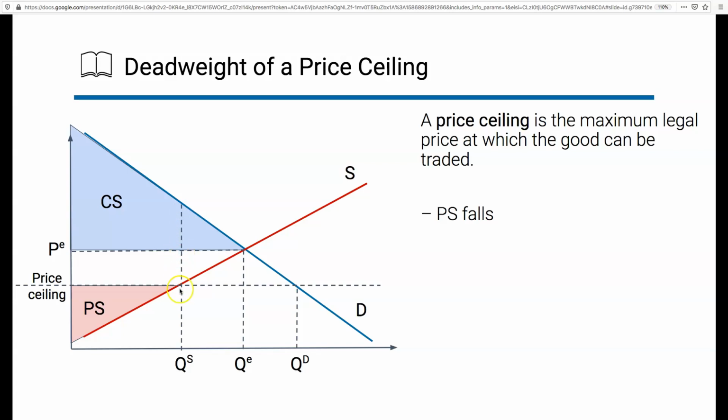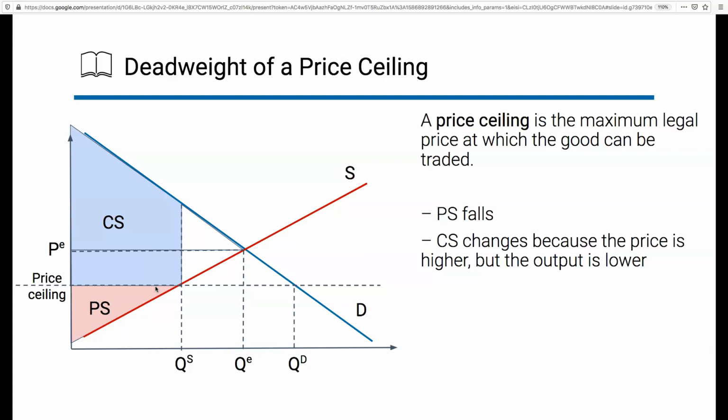On the other hand, I'm going to add this white rectangle to the consumer surplus because for trades that are still happening in the market, the value of those trades for the consumers increases. So consumer surplus changes from this triangle to the trapezoid, and you can see consumers lost a small triangle, but were compensated with this blue rectangle.